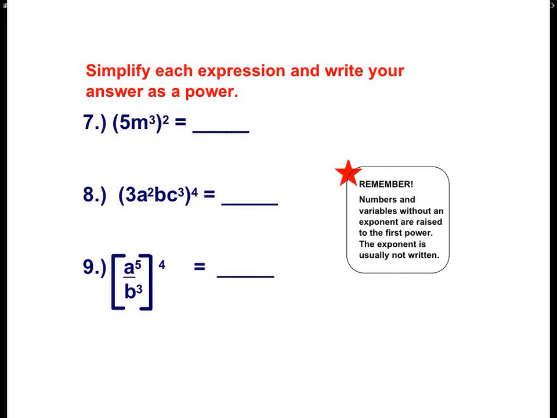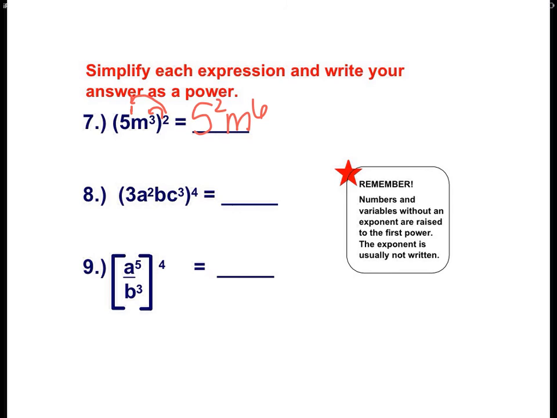Let's make that 5 to the 1st. Now we're going to distribute exponent to exponent. 2 times 1 is 2. That becomes 5 to the 2nd. 2 times 3 is 6. So that is m to the 6th. Notice how I distributed the exponent on the outside to every exponent on the inside of the parentheses.